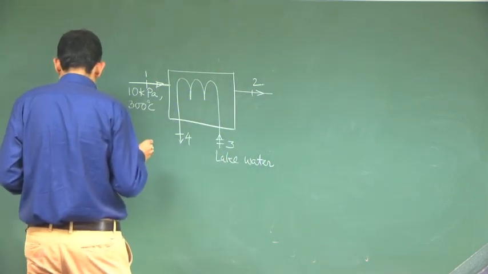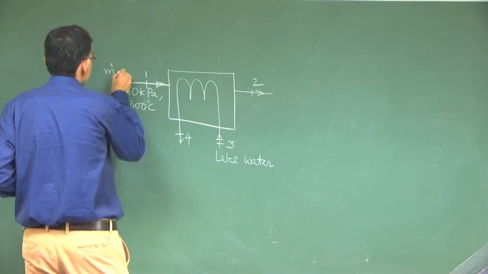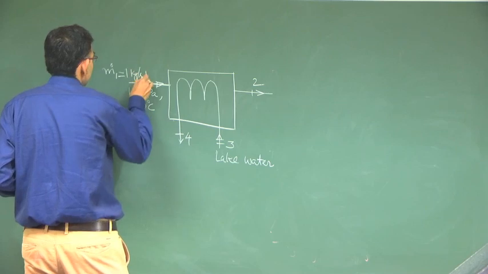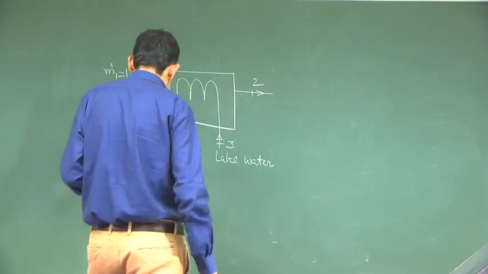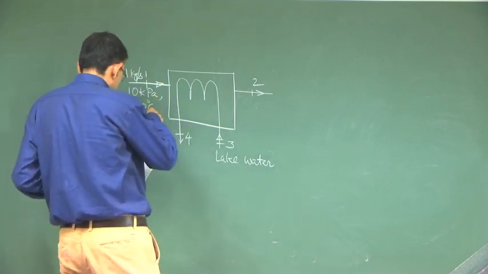So, this is m dot, 1 kg per second, at 10 kPa and 300 degree centigrade.